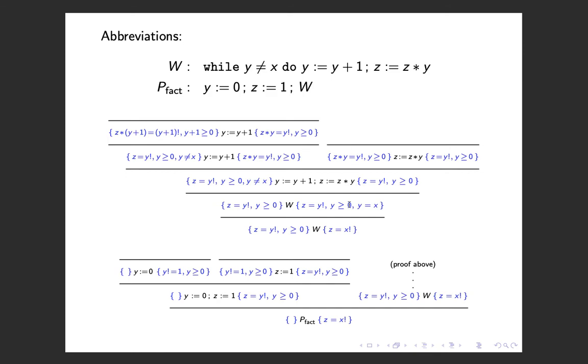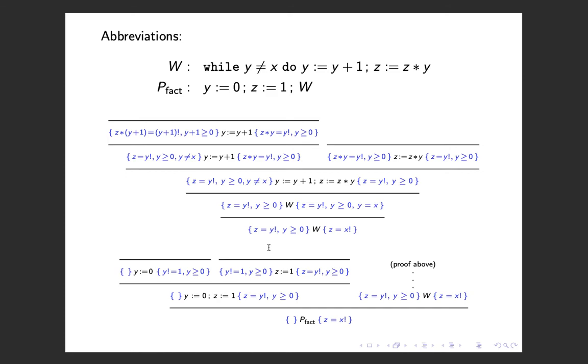The thing is, if you have a long, big program like this and you start writing out the proofs as trees, they get very big and very messy very quickly, and you have a lot of duplication. So for example, whenever there's a sequencing, you have the same condition appearing both as a precondition here and a postcondition, and it's rather complicated, and nobody would ever want to do this sort of thing in practice.